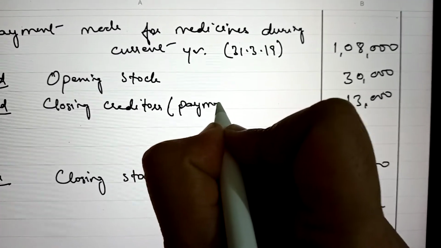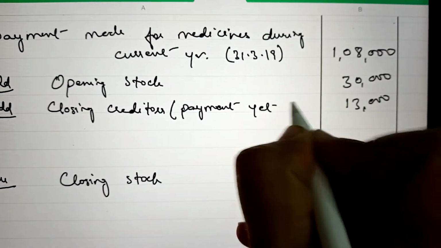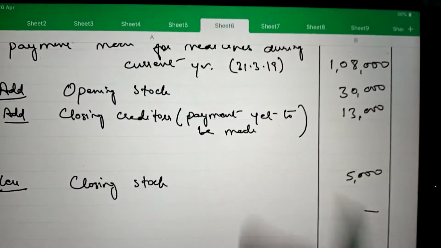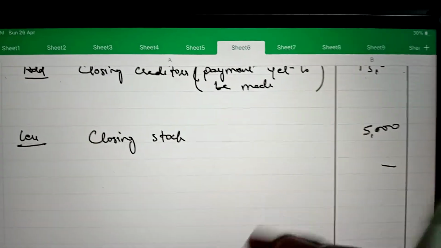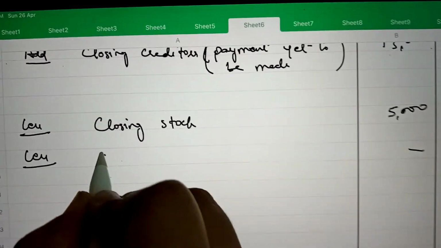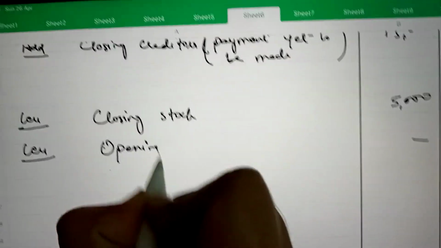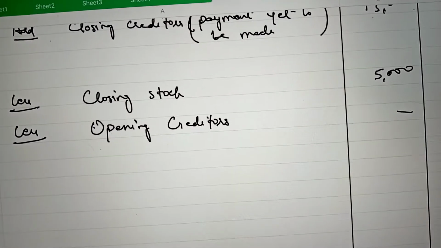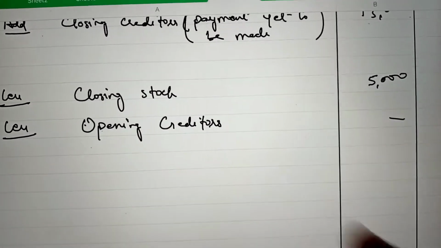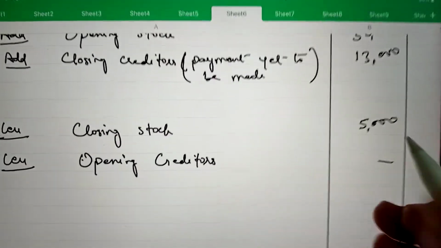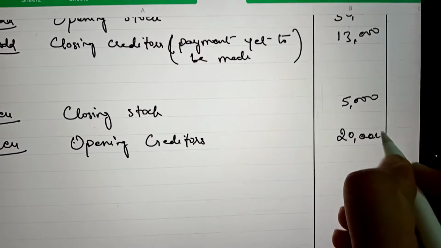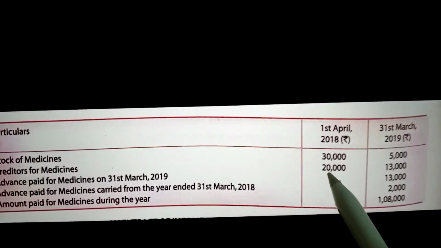Payment is yet to be made, so that is why this has been added to the expenses, and we will deduct opening creditors because the payment has already been made for these creditors, and the amount is 20,000.